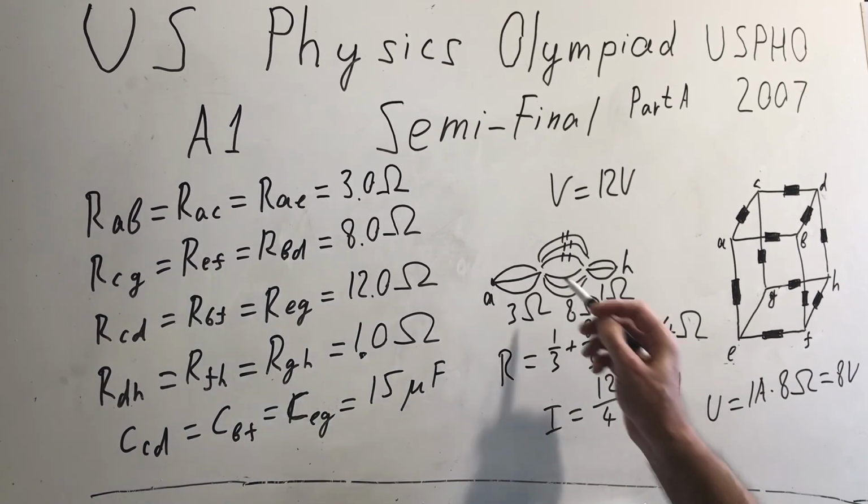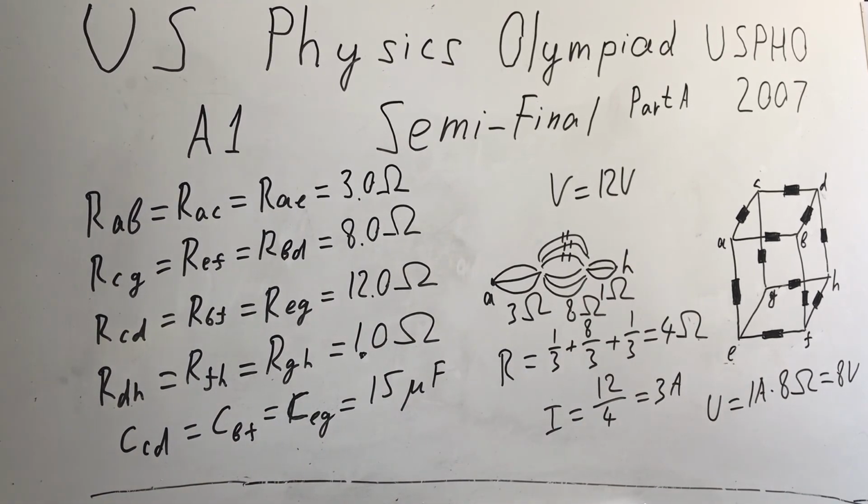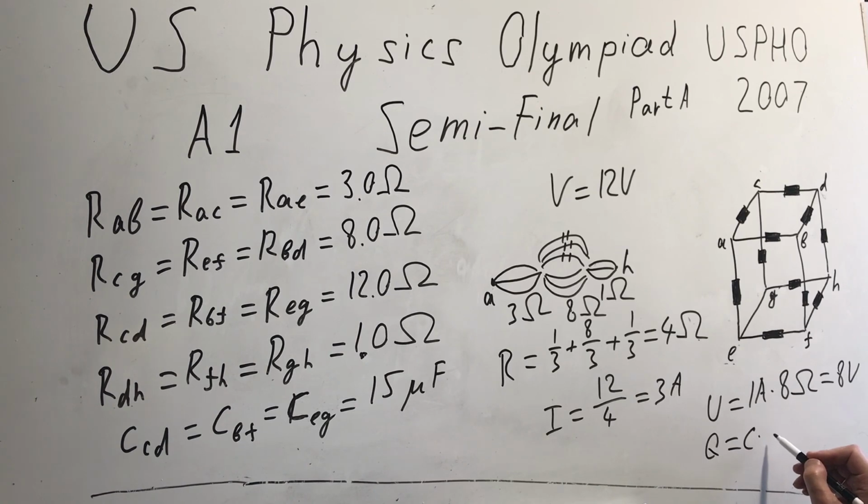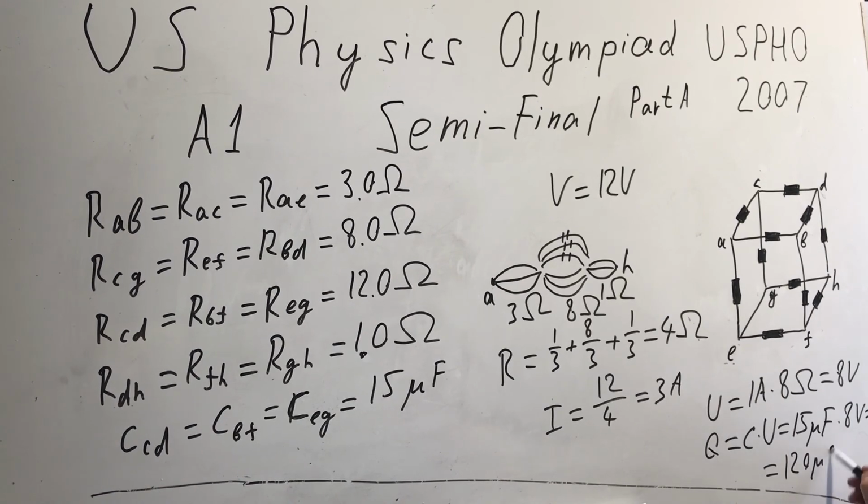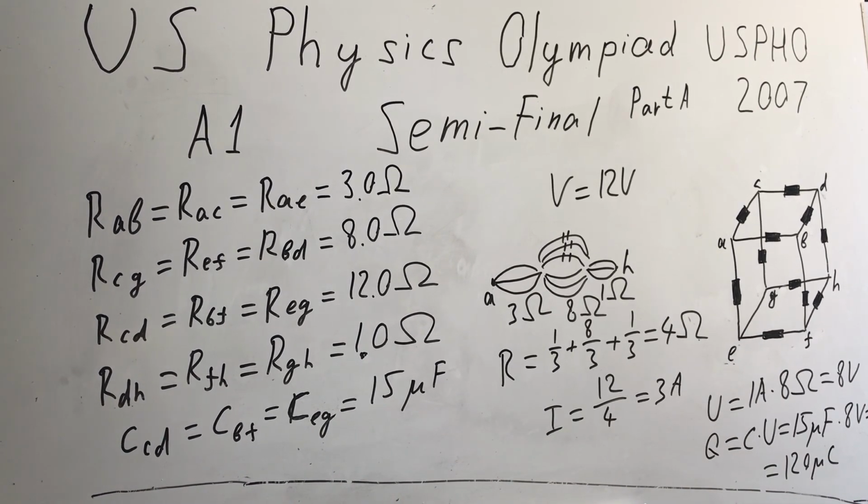And the voltage on each capacitor is 8 volts. So the total charge Q on each capacitor equals capacitance multiplied by voltage, which is 15 microfarad multiplied by 8 volts, which is 120 microcoulomb. So that's the correct answer.